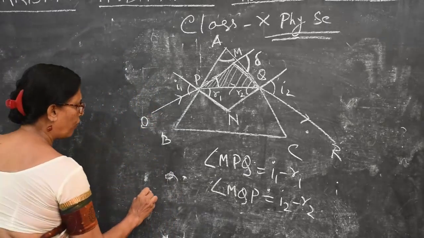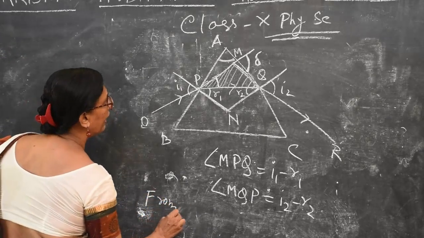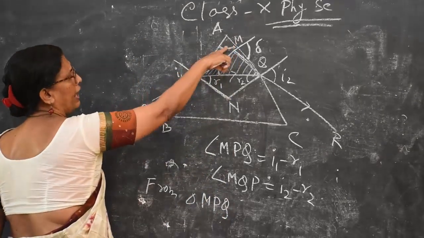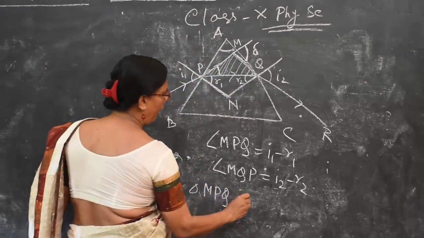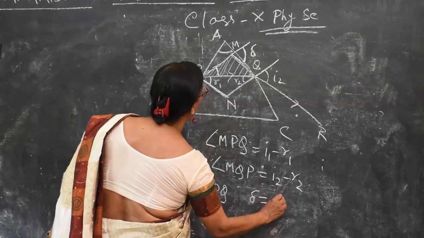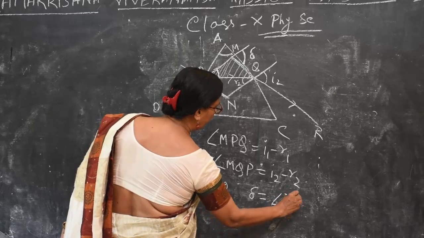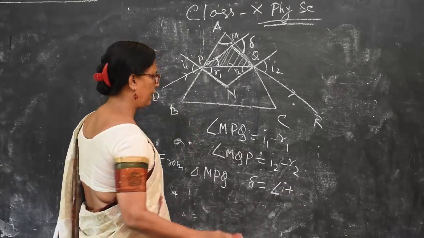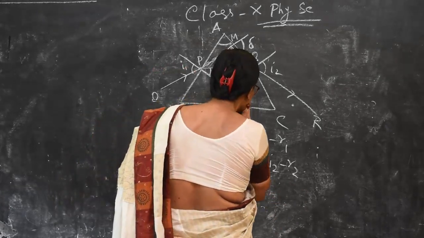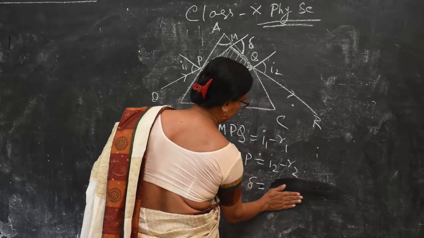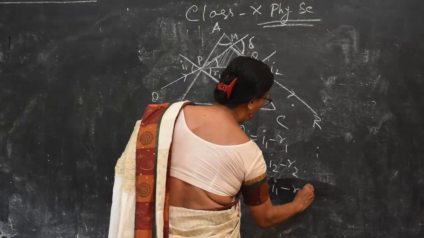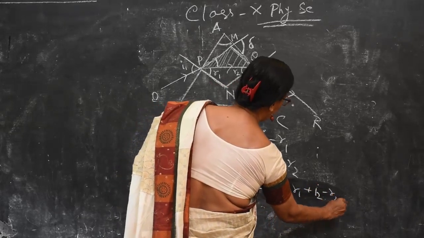So from triangle MPQ, angle delta is equal to I1 minus R1 plus I2 minus R2.